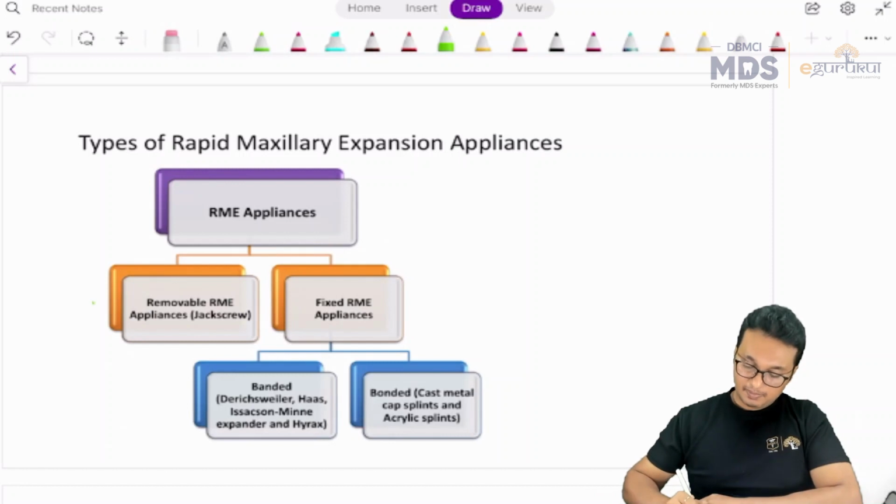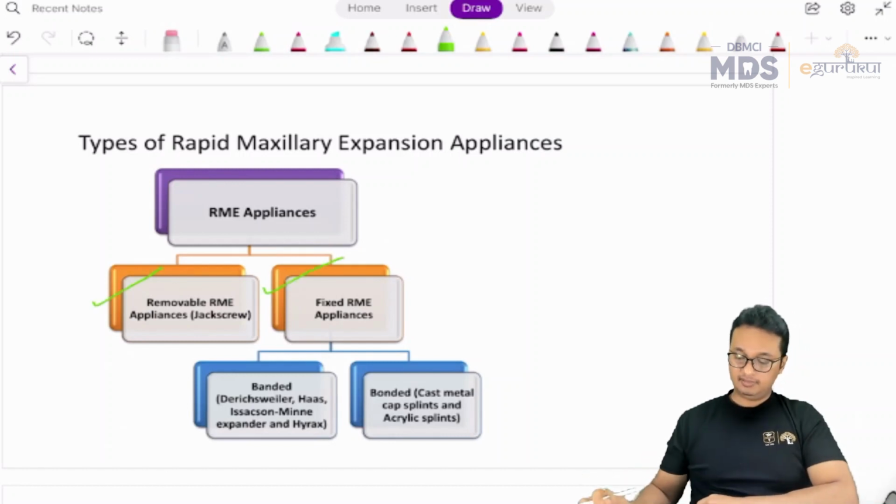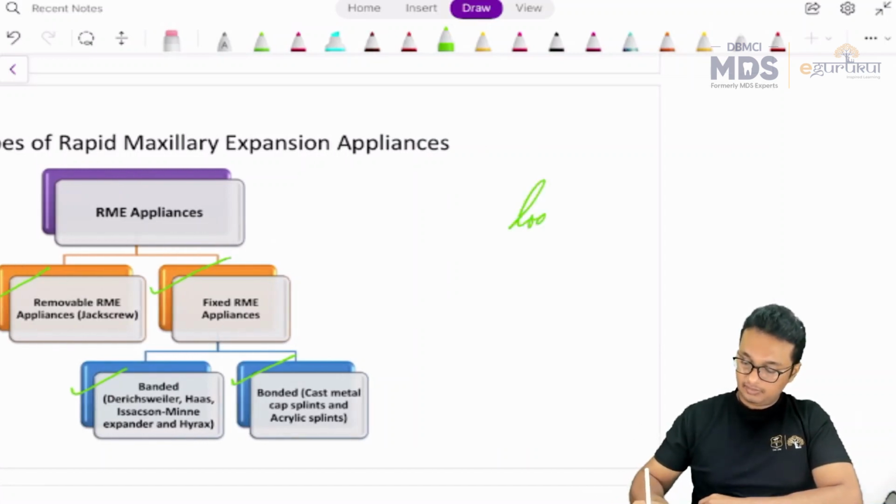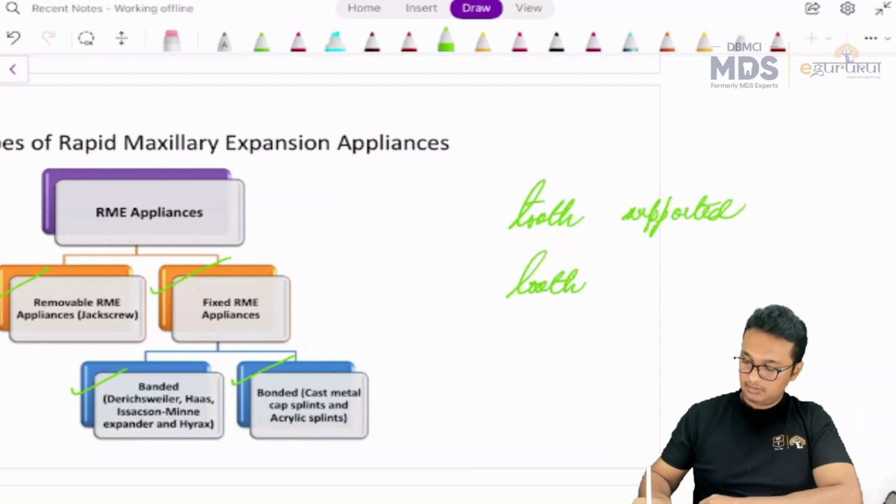We have removable appliances, we have fixed appliances. In fixed appliances, we have banded ones, we have bonded ones. Now, they can also be tooth supported, tooth tissue supported, or only tissue supported.